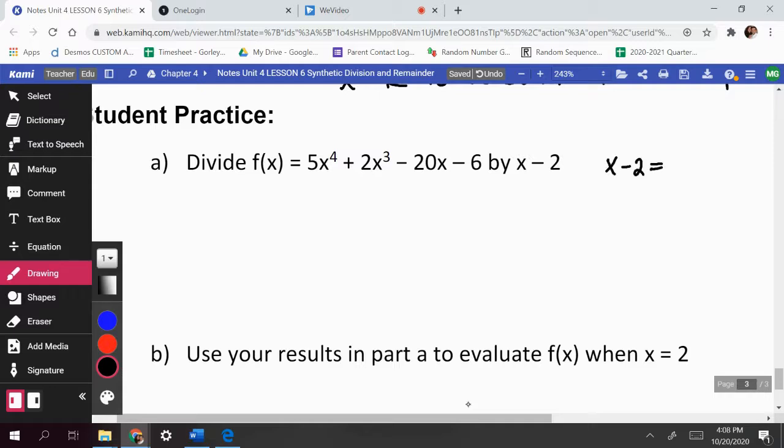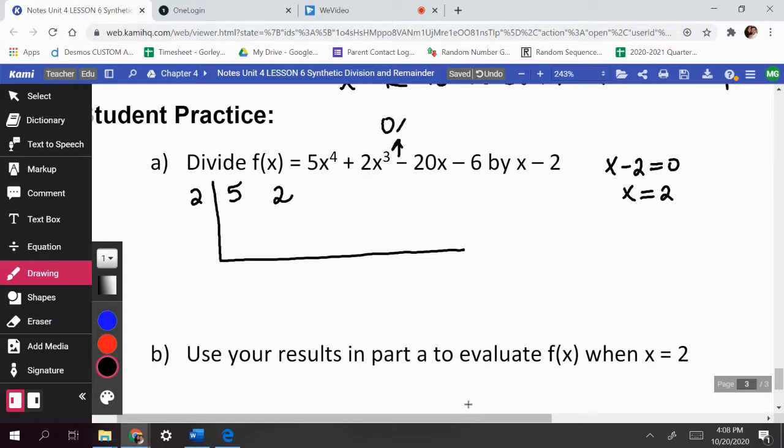We're going to set this equal to 0 and solve. We put the solution on the outside, list the coefficients, 5x to the 4th, 2x cubed. We do not have x squared, so I'm going to have to put 0 for x squared, negative 20 for x, and negative 6.